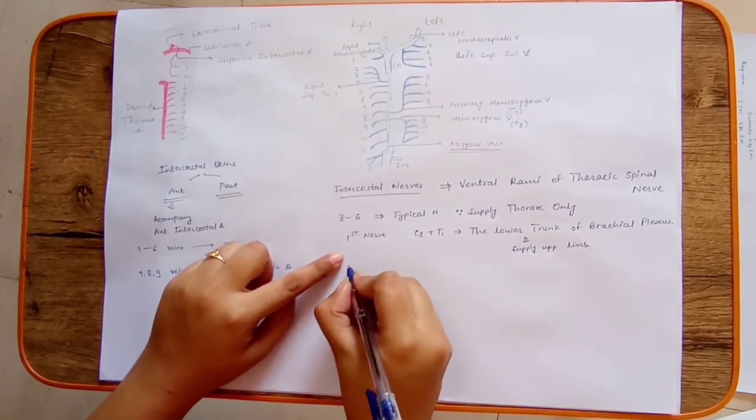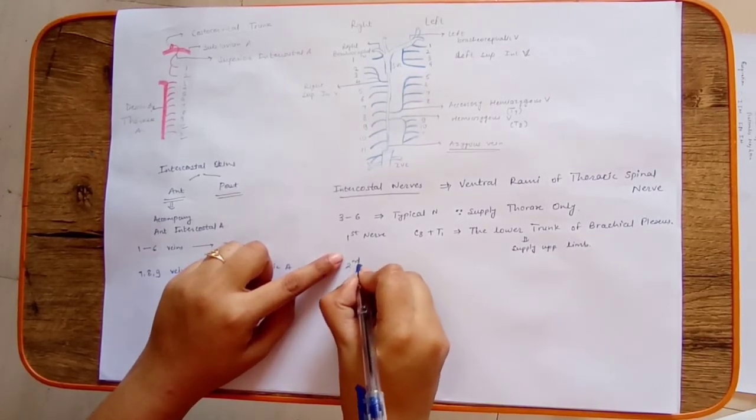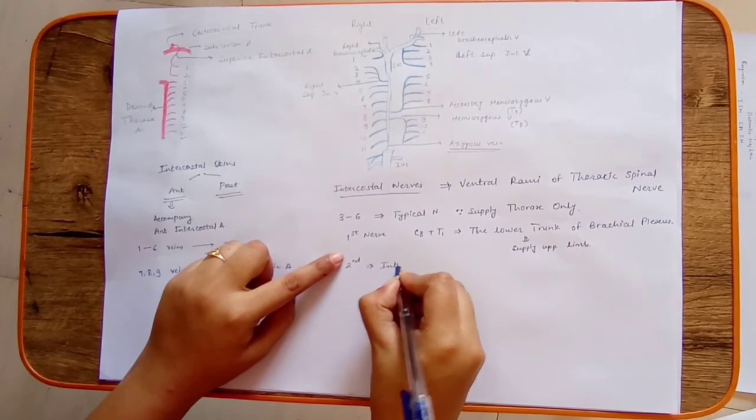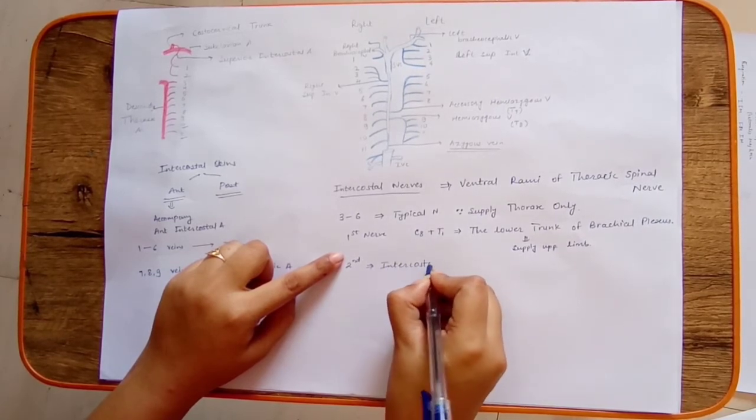The second nerve is known as the intercostobrachial nerve.